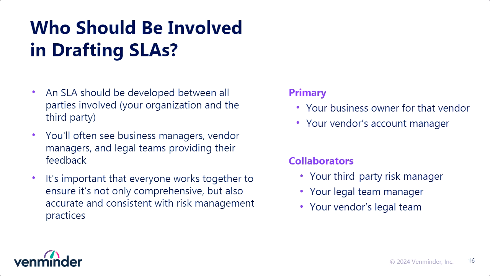But again, you should probably have some primary folks: the business owner for that vendor, and the vendor's account manager who's selling you the product. They are probably going to be a part of that. And then again, your collaborators, your third-party risk manager, and that legal team likely might be involved, and the vendor's legal team might likely be involved as well.